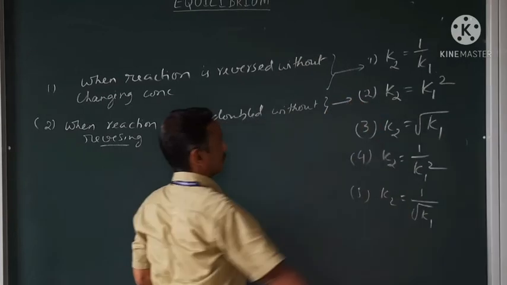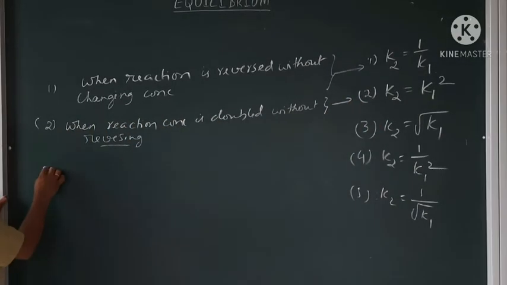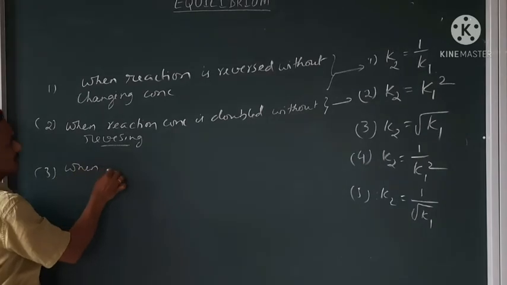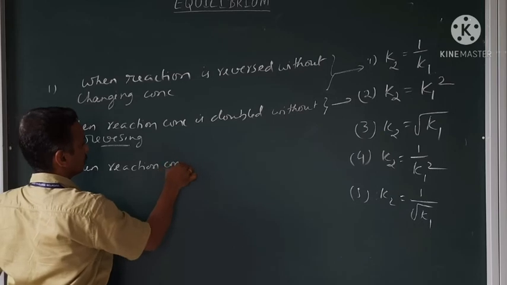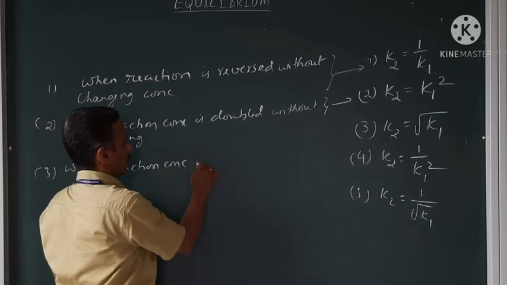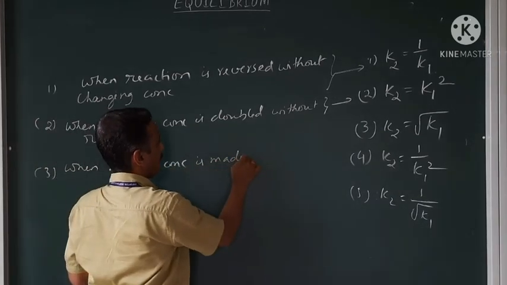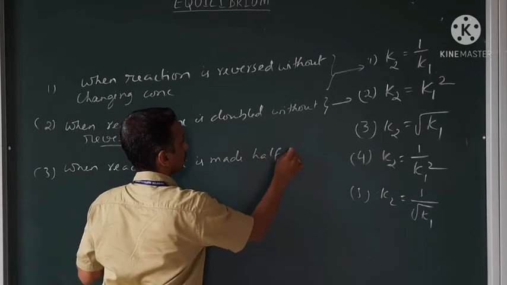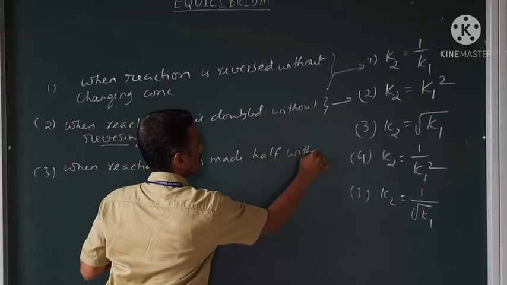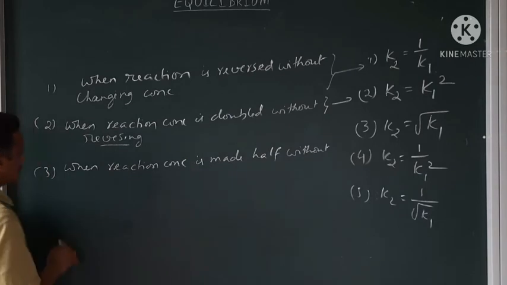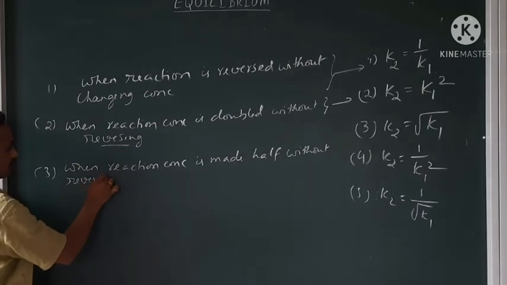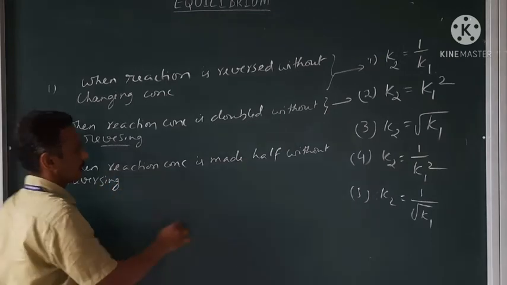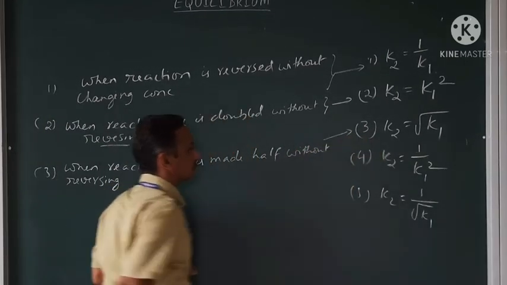So that is the second one. Now, third one, when the reaction concentration is made half without reversing. This is the third equation.